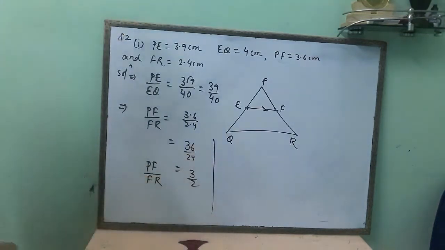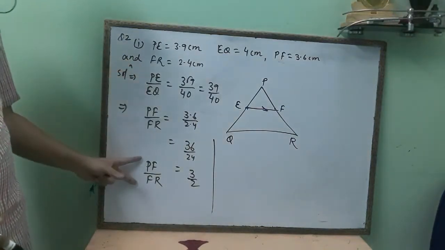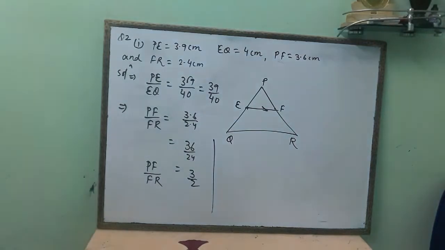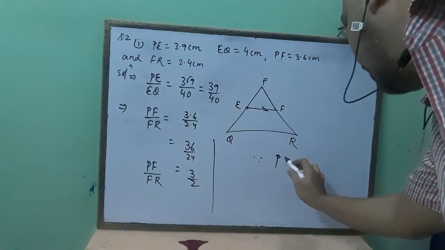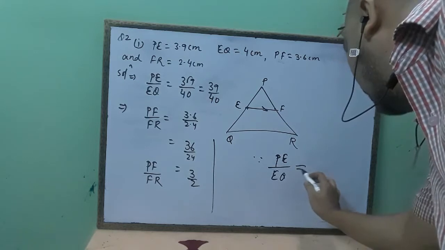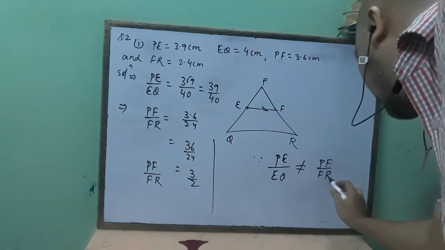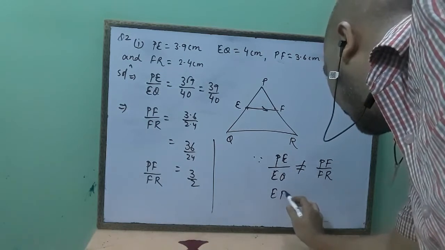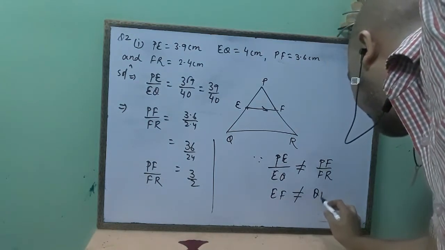Now we can easily say that PE divided by EQ is not equal to PF divided by FR. So here we can write that since PE divided by EQ is not equal to PF divided by FR, EF is not parallel to QR.